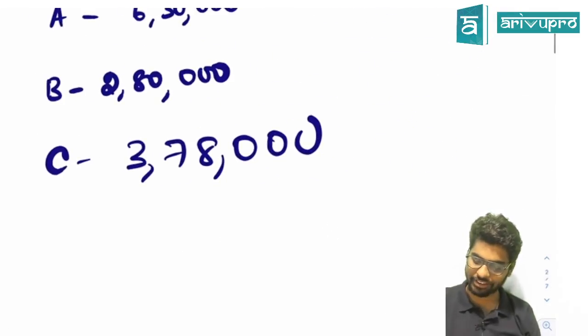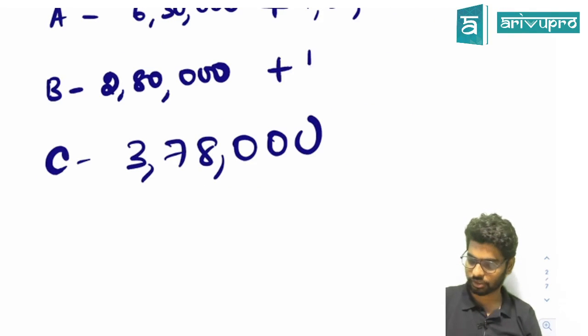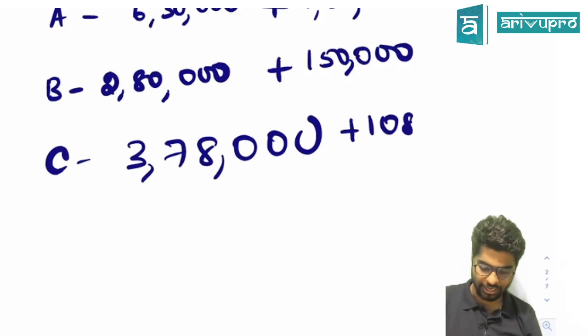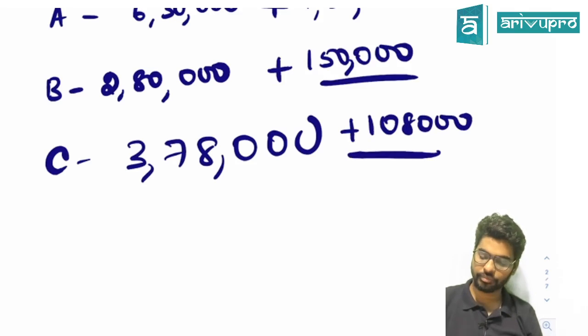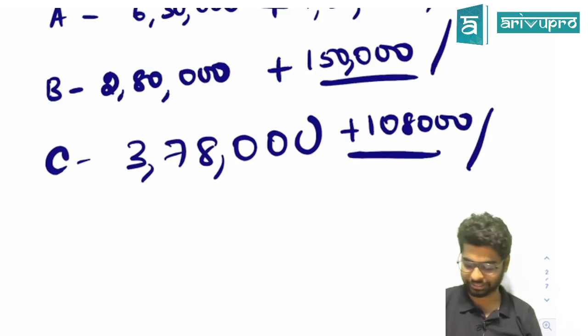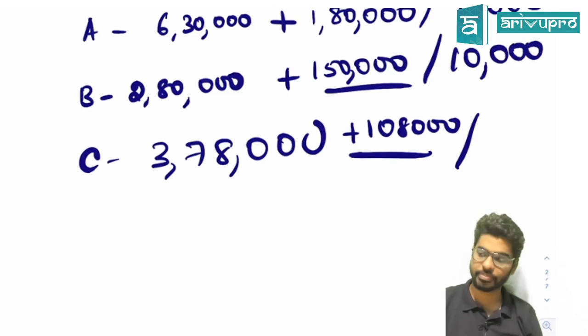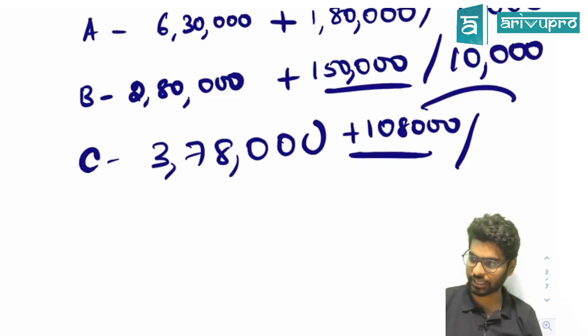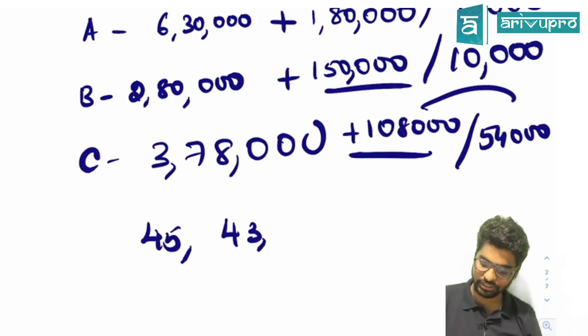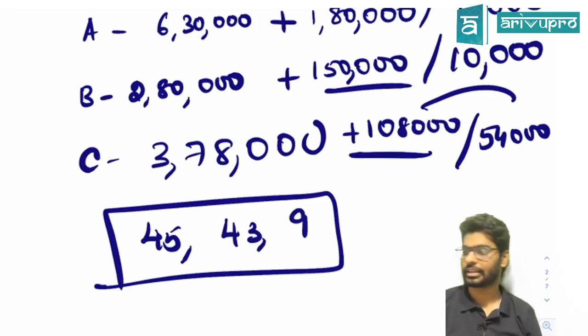So, for this I will add the additional cost, which is for A 1 lakh 80,000, for B 1 lakh 50,000, for X 1 lakh 8,000. The total whatever I get, A was 18,000, so I will divide by 18, B I will divide by 10, C I will divide by 54,000. So, I will end up getting 45, 43 and 9 is the cost per kg.